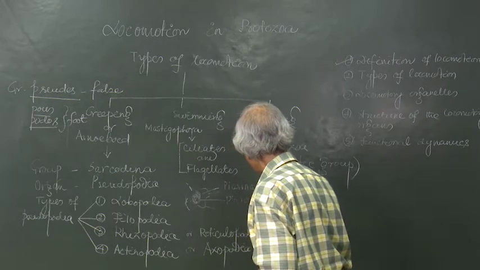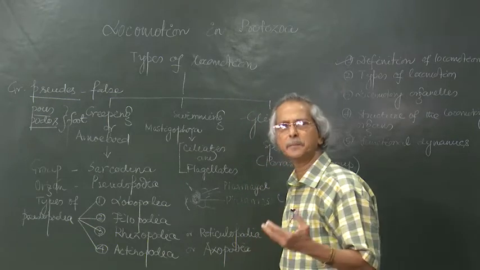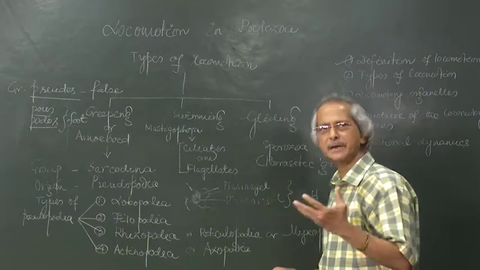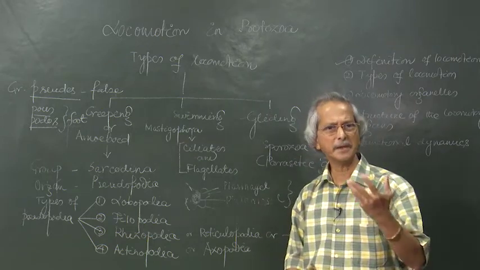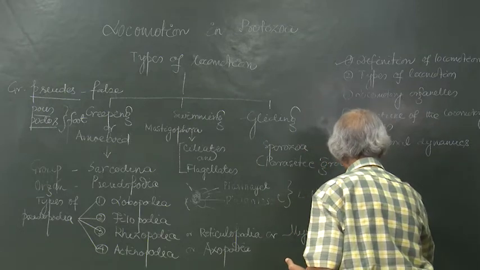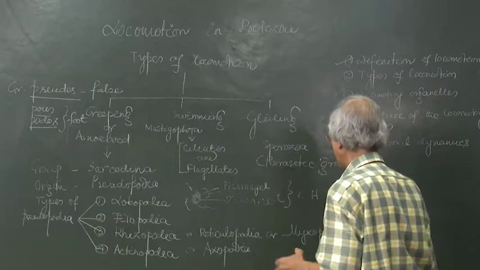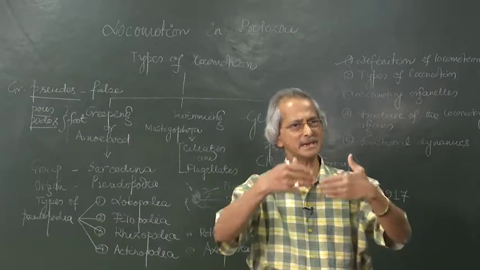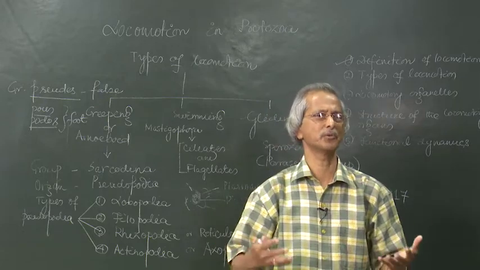For the first time, Libbie Henrietta Hyman, or L.H. Hyman, in 1917 explained the activities of these two different types of fluids present inside this type of animal.